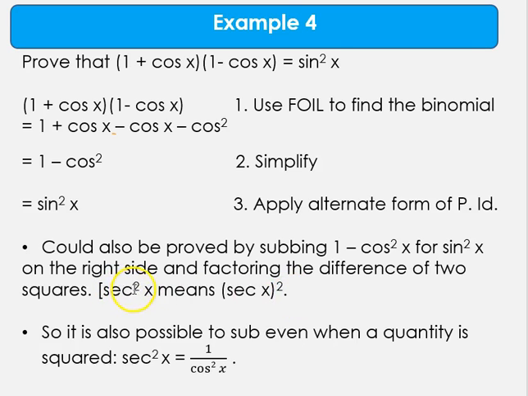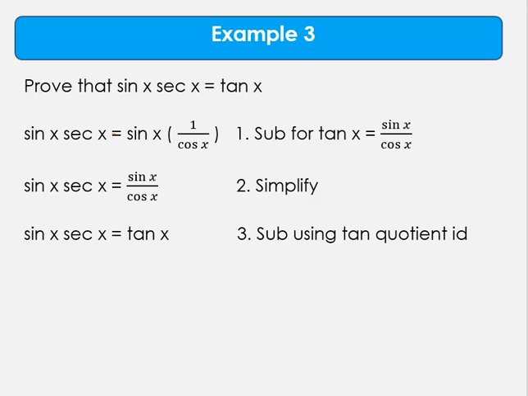So remember that secant 2x means the square of the whole term. So it's also possible to sub even when a quantity is squared. If you have a squared quantity, and they're referring to the fact, I'll go back to this, we subbed for tan x here.